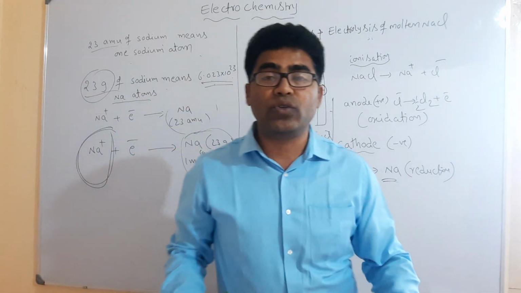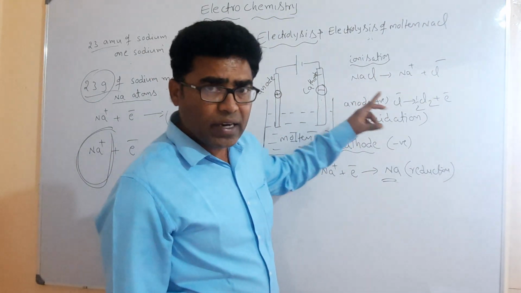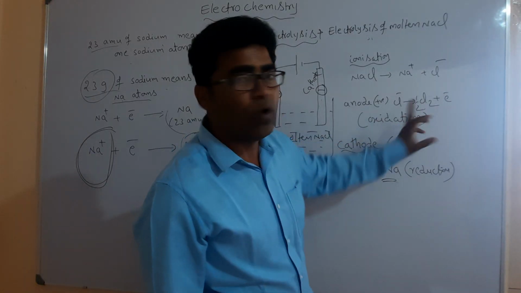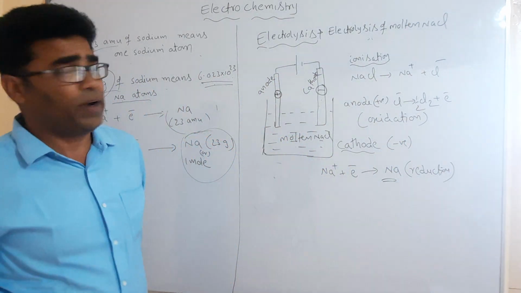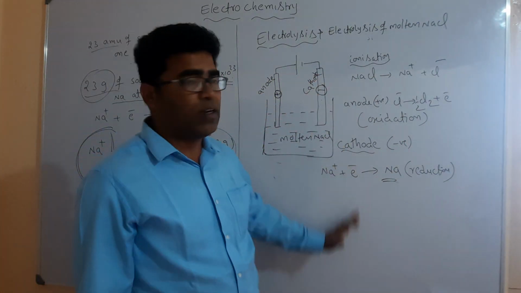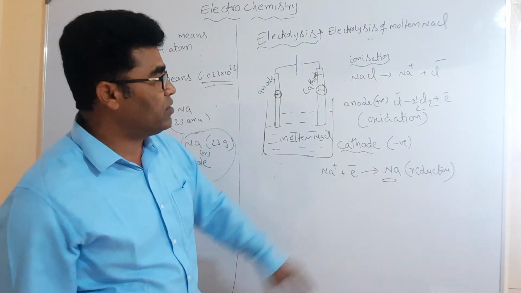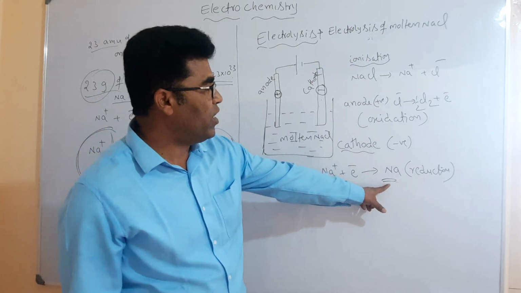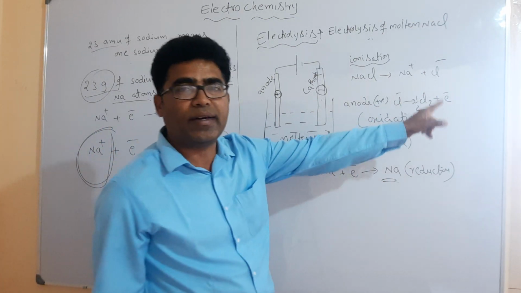Sodium being a solid, use the word deposited. Chlorine being a gas, use the word liberated. So when molten NaCl undergoes electrolysis, sodium is deposited at the cathode and chlorine is liberated at the anode.